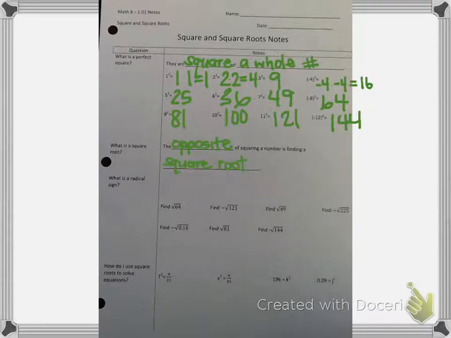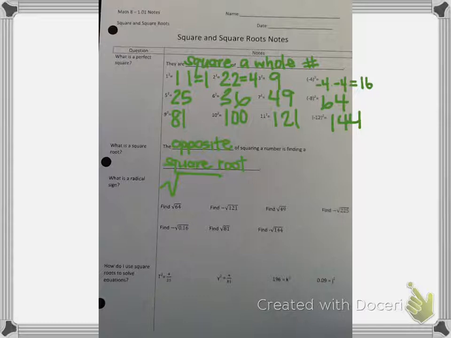Alright, so let's see if we can find a few square roots here. Oh wait, we have to first tell what is a radical sign. A radical sign is simply this sign that signifies that you're supposed to take the square root of a number.